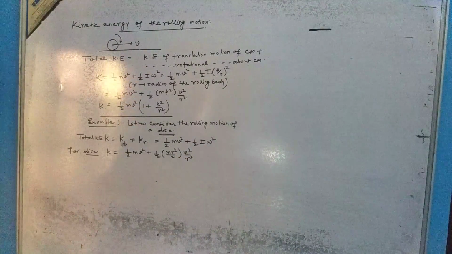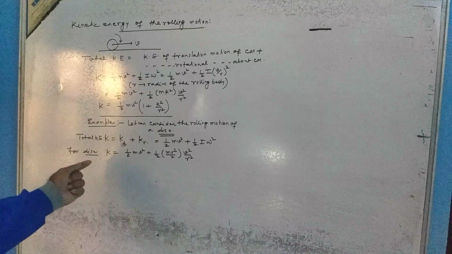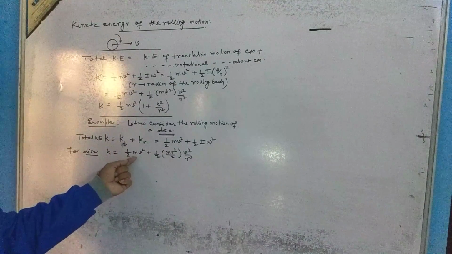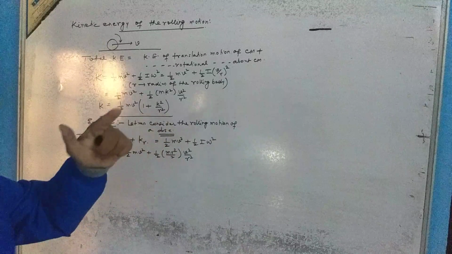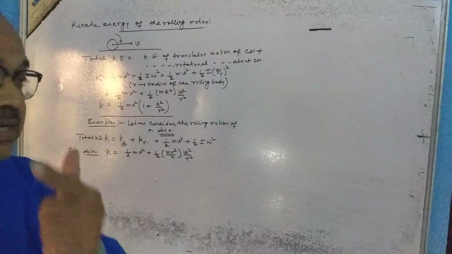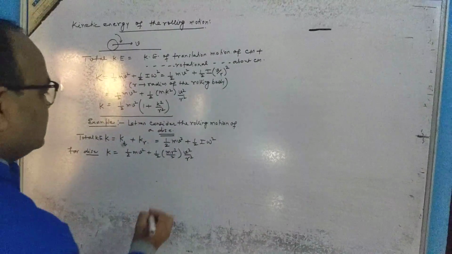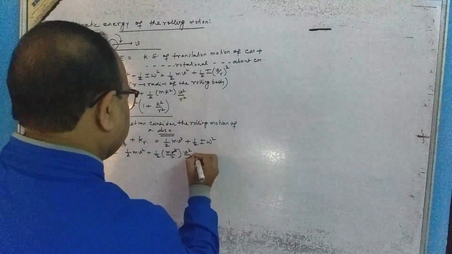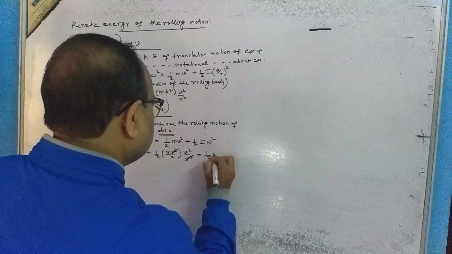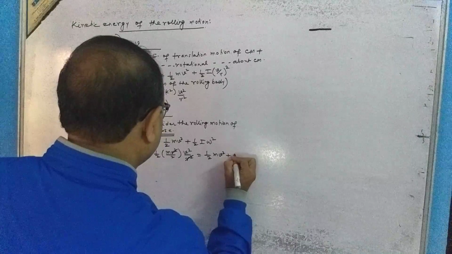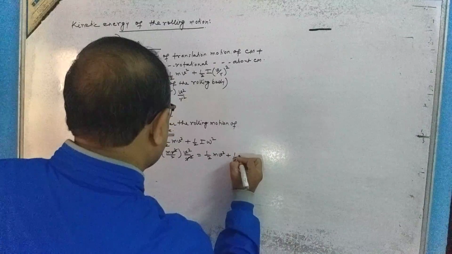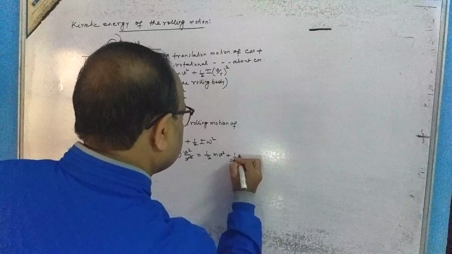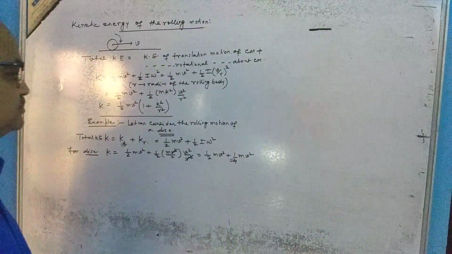I hope all of you are understanding it. This is the total kinetic energy, equal to half mv square plus half mr square by 2, where r is the radius of the disc. R square cancels. So you get half mv square plus 1 by 4 mv square.